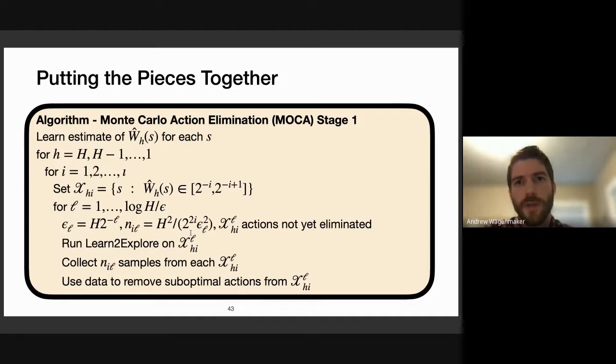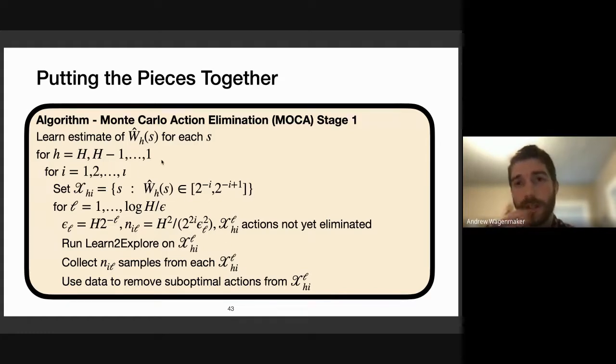And so what we end up doing, if you look at the full algorithm in the paper, is run an initial stage where we just try to eliminate actions that are epsilon over WH of S suboptimal. And that's essentially what this is doing.